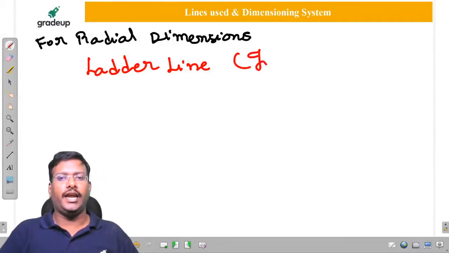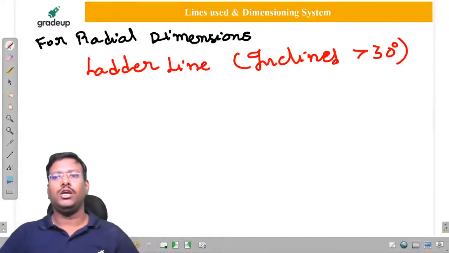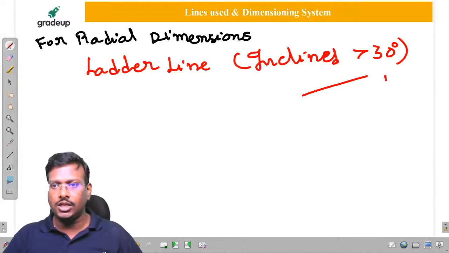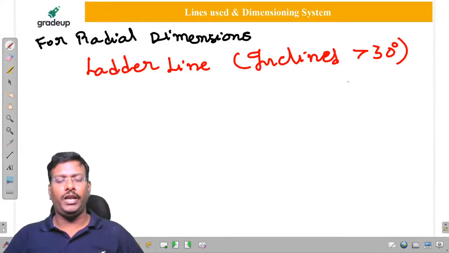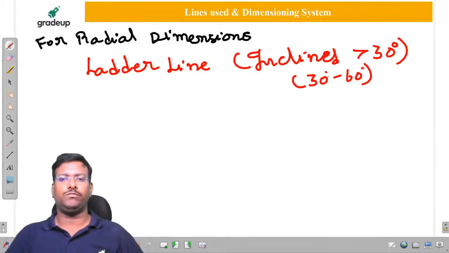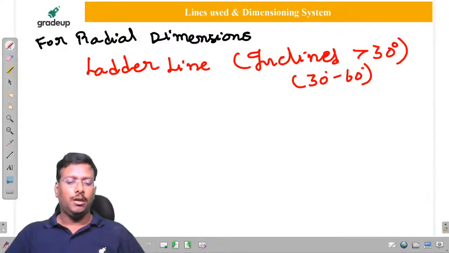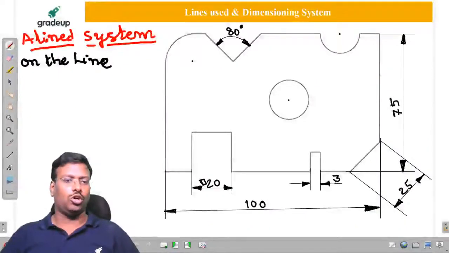It is an incline, and the angle should be greater than 30 degrees with horizontal or vertical, both. Means the line should not be very close to horizontal like this, and it should not be very vertical like this. It should be in between. That means the angle should vary from 0 to 30 to 60 degrees. Means with horizontal it is more than 30, with vertical also more than 30, means it should be in between 30 to 60 degrees. Therefore, how we have to draw it, sir?